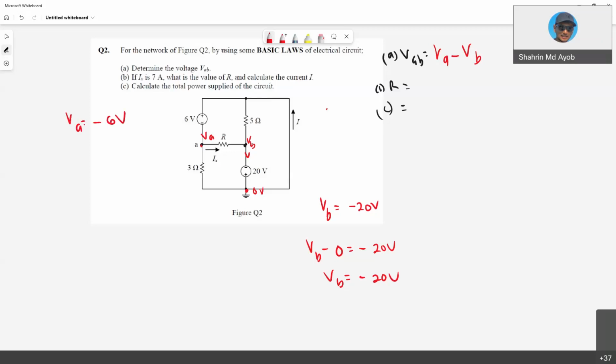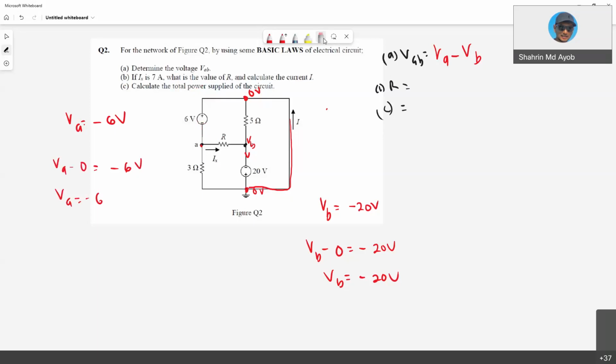This point here is 0 volt, because as you can see, this one is also 0 because it is connected through this node. So we assume that the current is going from VA to 0. So VA minus 0 is equal to negative 6. So that's why VA is negative 6.